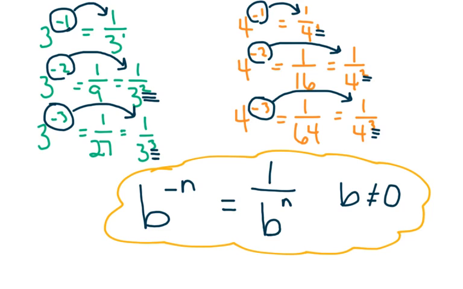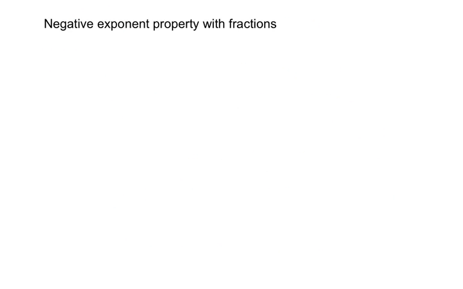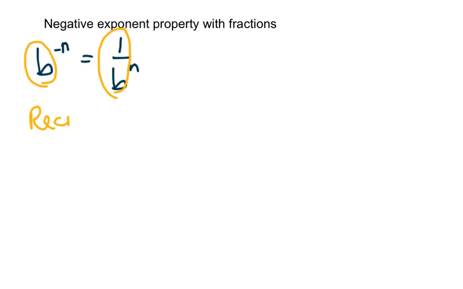And I am going to go one step further with the negative exponent property and deal with fractions. So we know that the property that we just wrote down was b to the negative n equals 1 over b to the positive n. And I need you to realize that b and 1 over b are reciprocals.